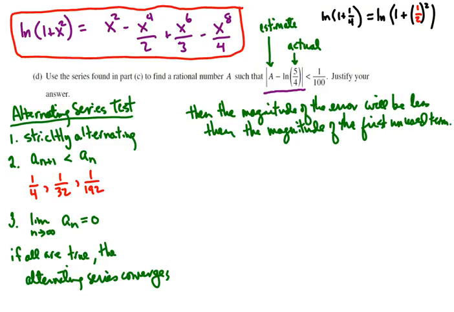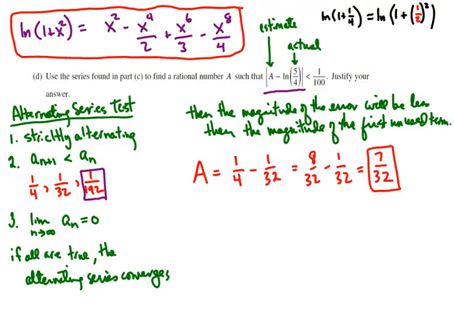I already wrote them out over on the left, and that would be the third term, which would mean that our estimation comprised of the first two terms, and that sum would be a, and that would be the value that we're looking for. So when we estimate ln of 5/4 using the above series and only two terms of that, we will have an error less than 1/100th.